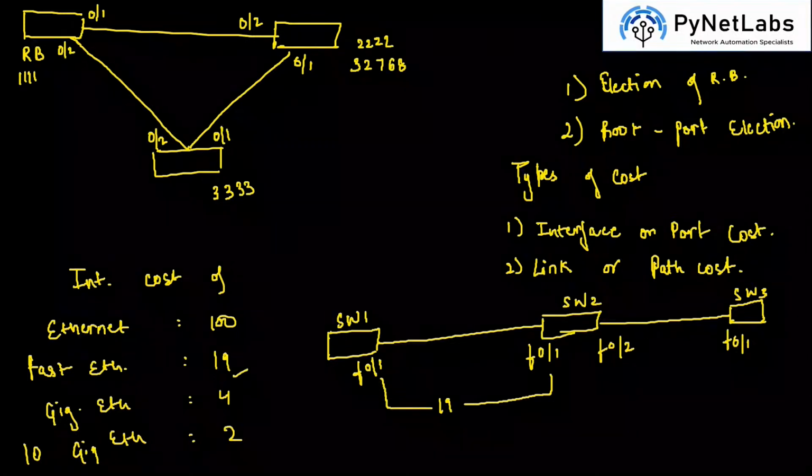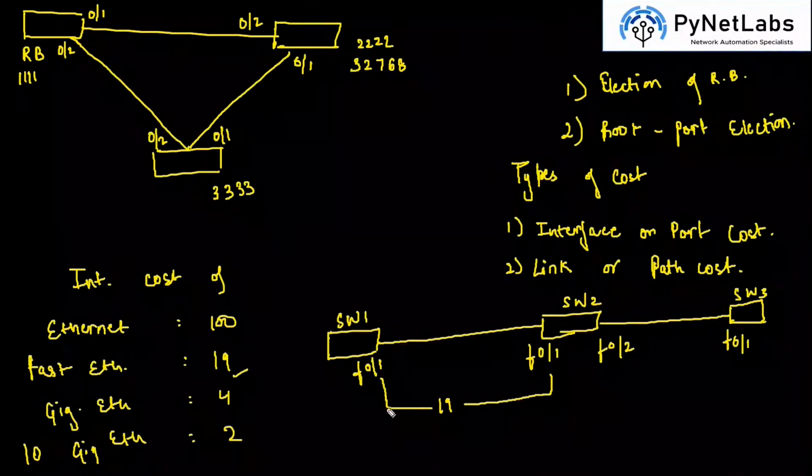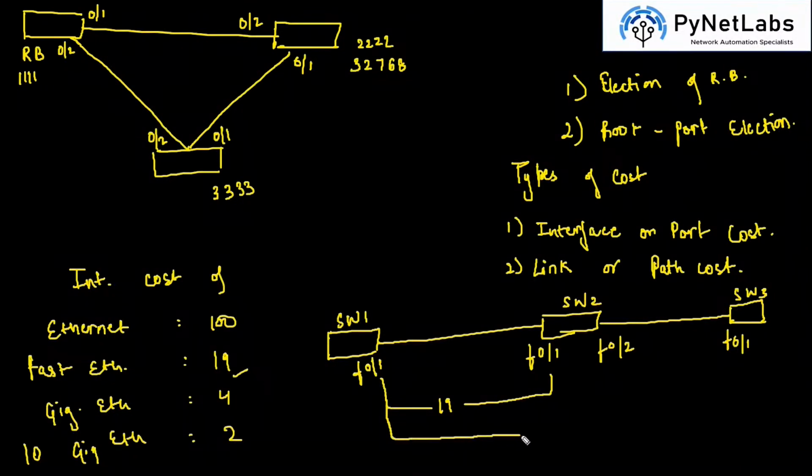Now, if I say that the traveling cost from switch number 1 to switch number 3 will be 38. Is it clear how this works? So how cost can be calculated? 19 for this link, then again 19 for this link, right? Great. Simply we have just added the cost and we have the result of the total cost.